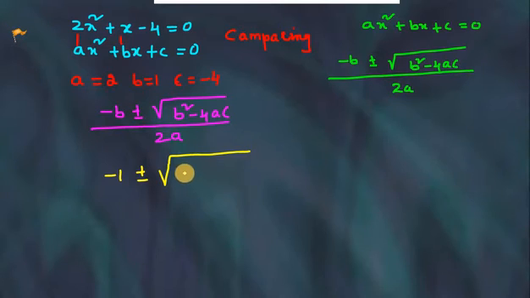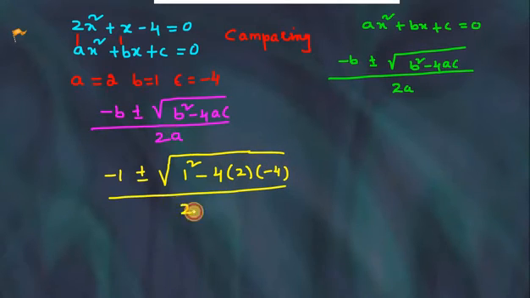The b value is 1, so b square minus 4 times a value 2 times c value minus 4, whole by 2 into a value, which is 2. Just substitute: b value is 1, 4 is same, a is 2, c is minus 4. And simplify this.